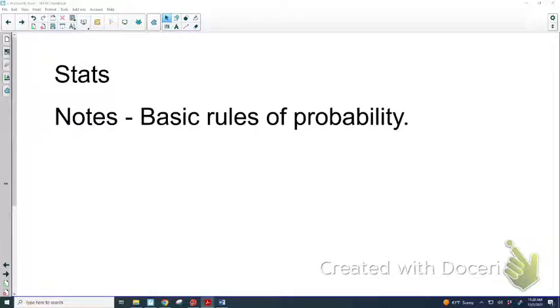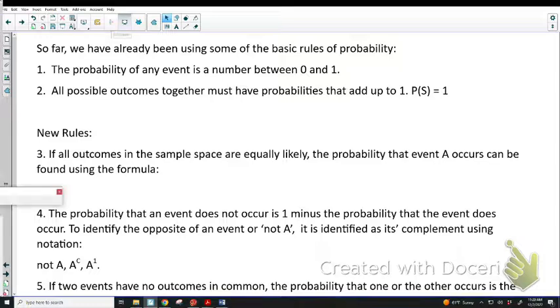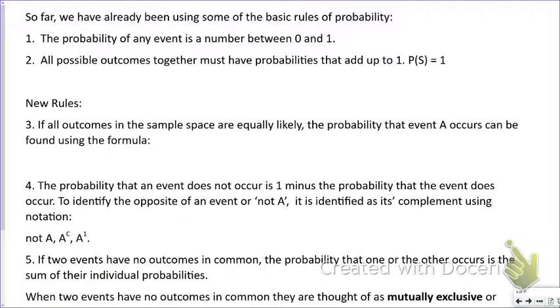In stats, we dove a little deeper into the basic rules of probability. We started these yesterday, and we talked about Rule 1 and 2, a little bit about Rule 4, Rule 3. I think it's typed on your handout.